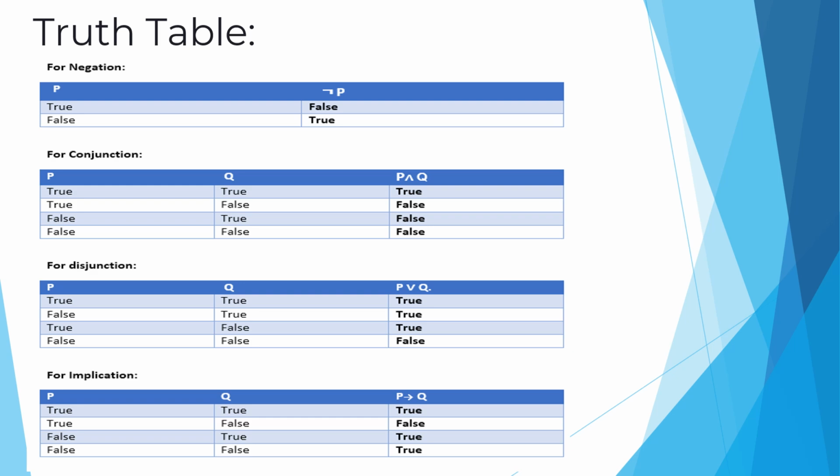The third one, the first statement P is false, and the second statement Q is true. After applying the implication, the statement will be true. And the last one, the P statement is false, and the Q statement is also false. After applying the implication, the statement will be true.